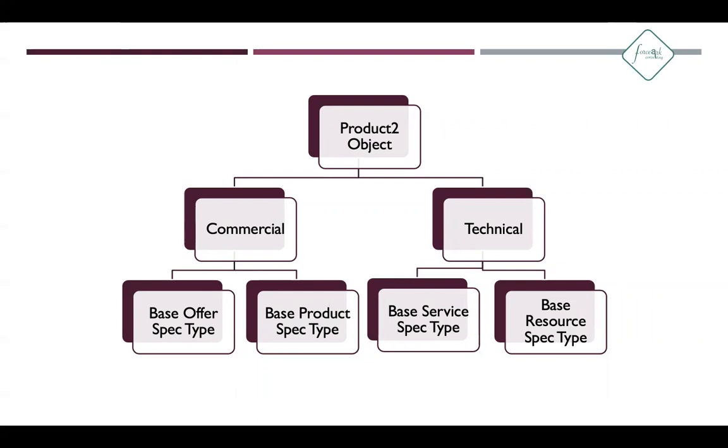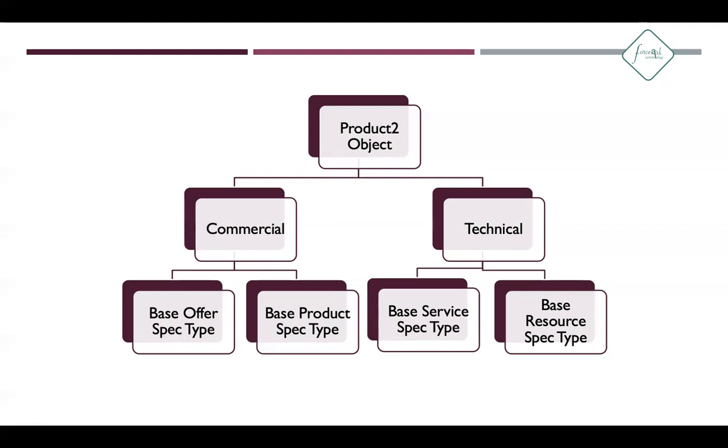Okay. Then there are different object types or object definitions available in Vlocity, which we need to configure for these products. As you see here, for commercial, you have the base offer spec type and a base product spec type. An offer is a product category that you define.